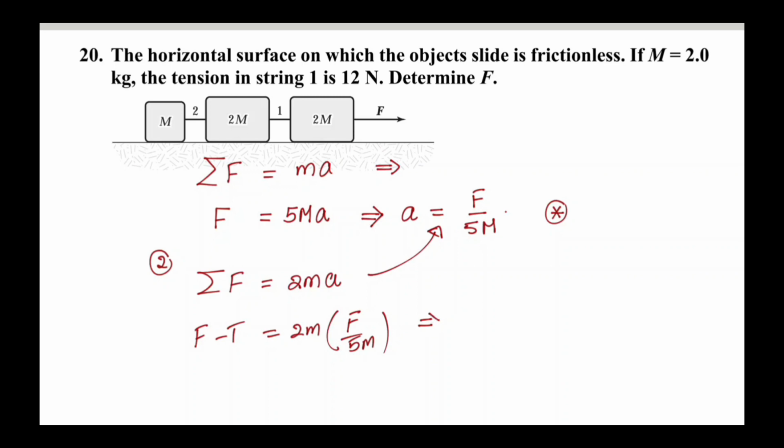Simplify this: F minus 12, because the tension is 12, equals 2F over 5, or in other words, F equals 20 newtons.